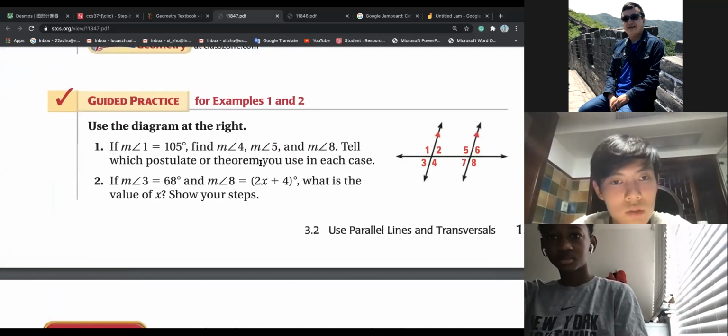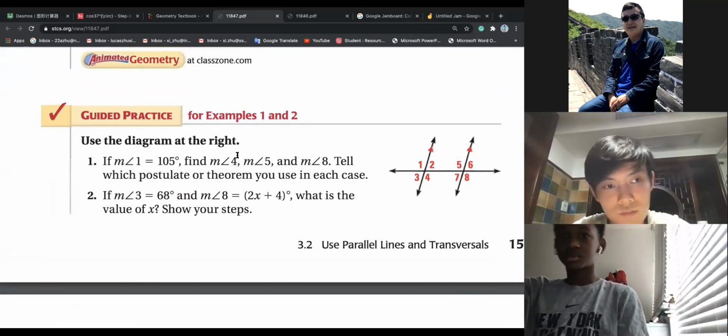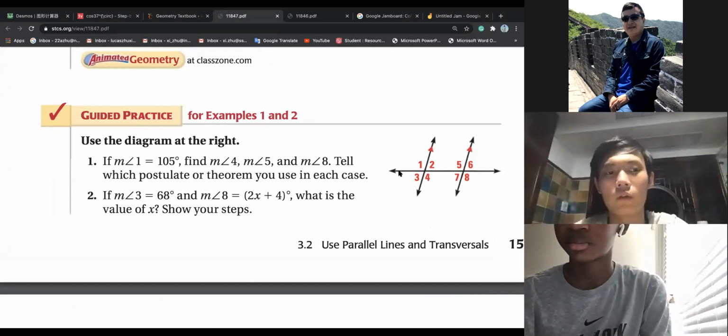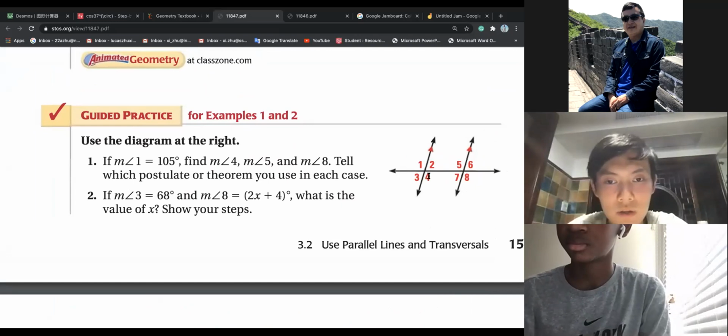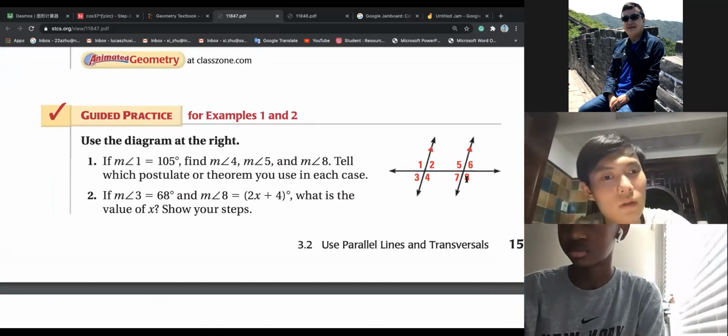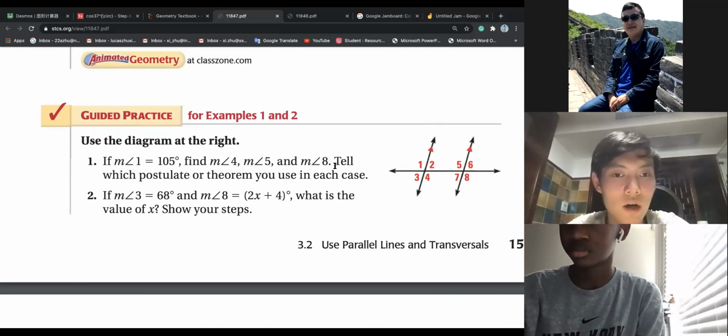Let's try this one. Number 1. If angle 1 is 105, find the measurement of angles 4, 5, and 8. And also remember to tell which postulates or theorems you're using.